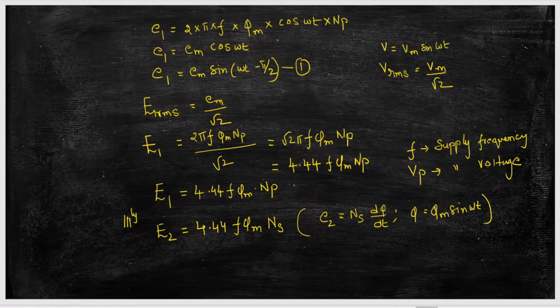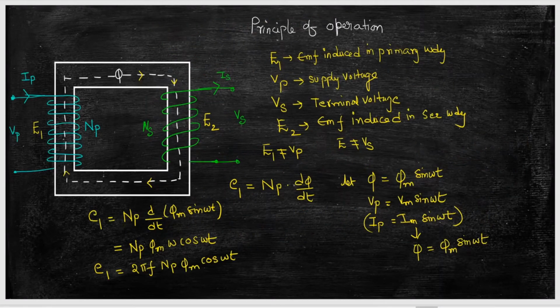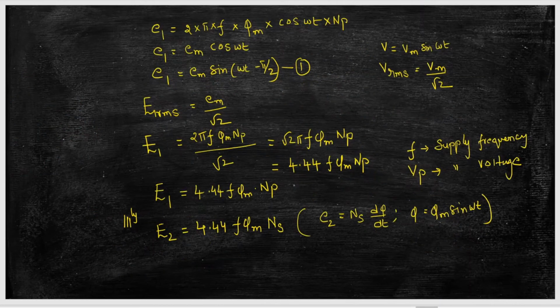So this is the EMF equation of the transformer for primary side and secondary side. Now we are successful in deriving the EMF equation of the transformer. Is it clear up to now? Please respond now.